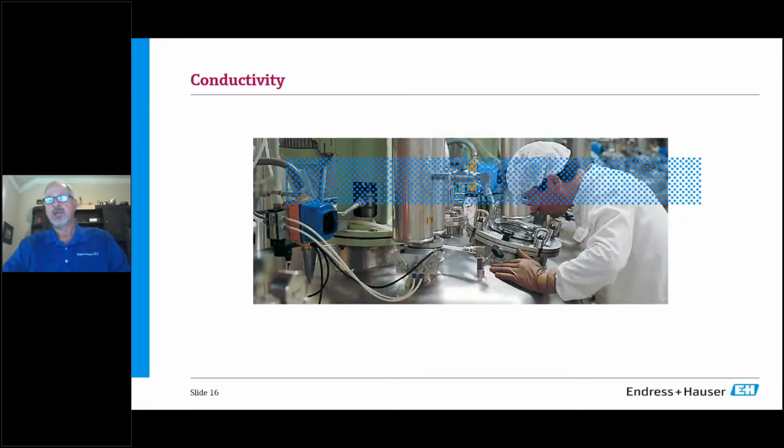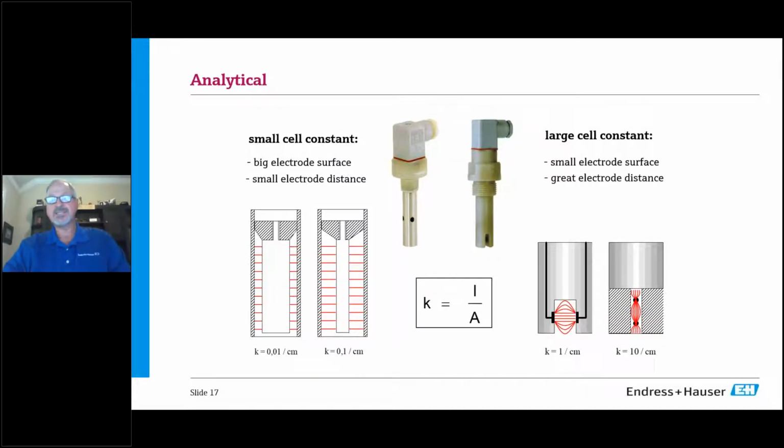Okay, we're going to slip into conductivity. At Endress+Hauser, we have 3 different types of conductivity sensors. A typical conventional contacting conductivity sensor is used for very low conductivity solutions and mid-range conductivity solutions. Basically this type of measurement is a function of the physical geometry of the cells.